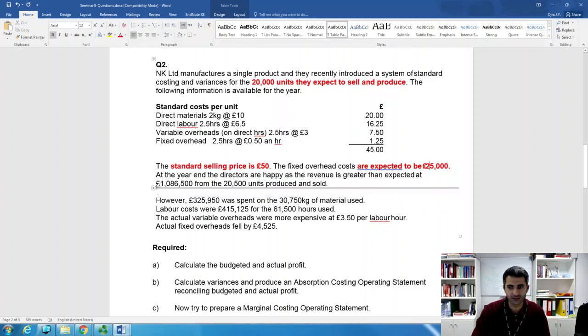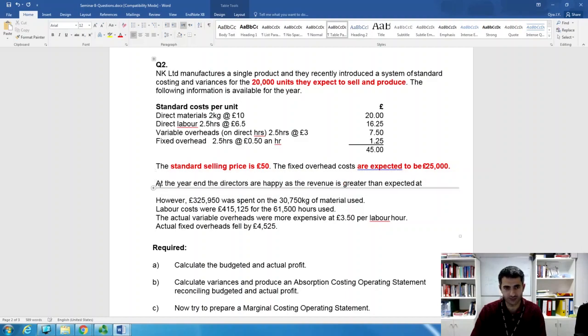At the year end, the directors are happy as the revenue is greater than expected at £1,086,500. So here, the question starts to tell you the actual figures.